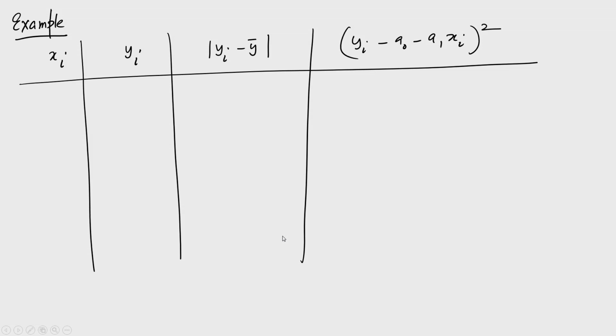So, we have 1, 2, 3, 4, 5, 6, 7, and the corresponding values for y i are 0.5, 2.5, 2.0, 4.0, 3.5, 6.0, 5.5, and so on.